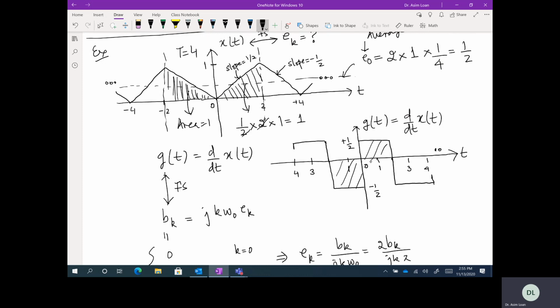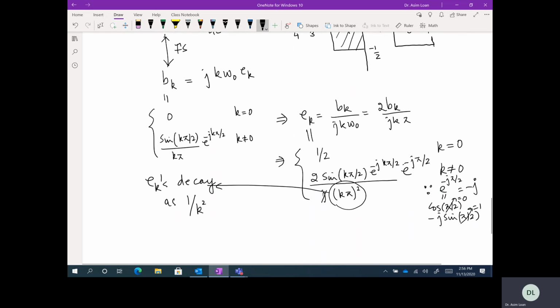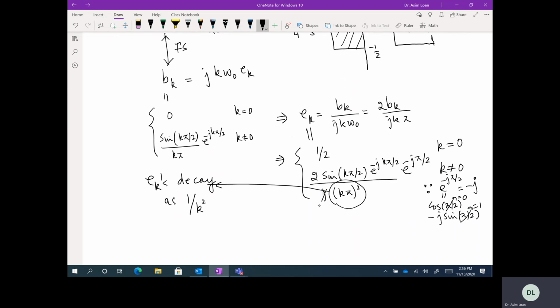Since this first derivative is discontinuous, the coefficients decay as 1 over k squared. Here the function itself was discontinuous, which means the 0th derivative is discontinuous. So the a_k for the square pulse decay as 1 over k, but the Fourier series coefficients for the triangular pulse decay as 1 over k squared, because its first derivative is discontinuous.